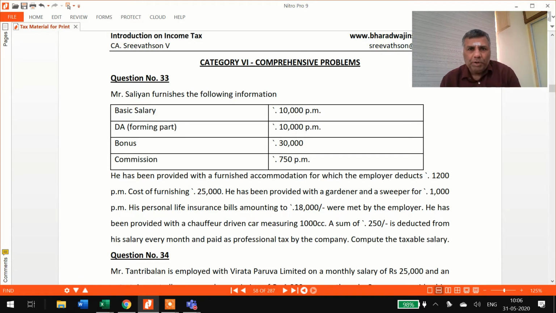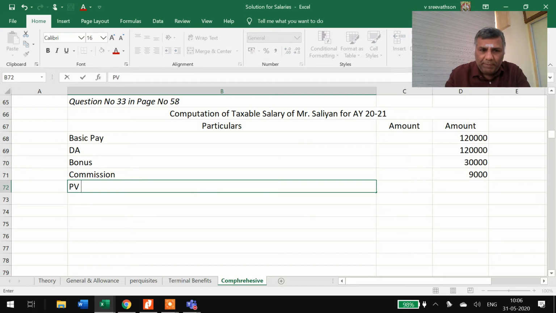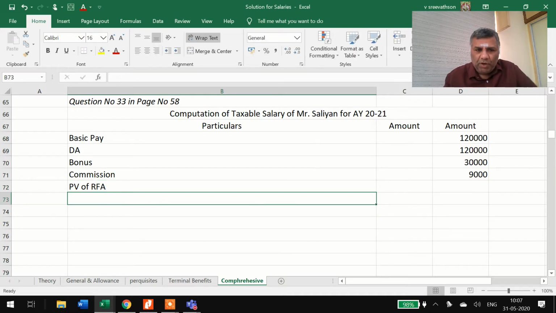I hope you are clear till this. He is provided with a furnished accommodation for which the employer deducts 1,200, cost of furnishing 25,000. Perquisite value of RFA.